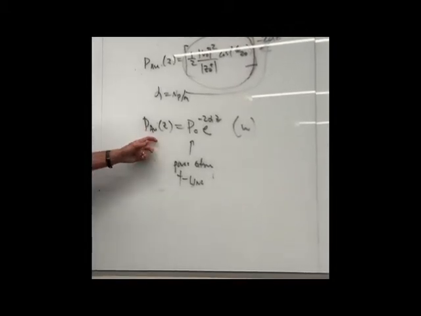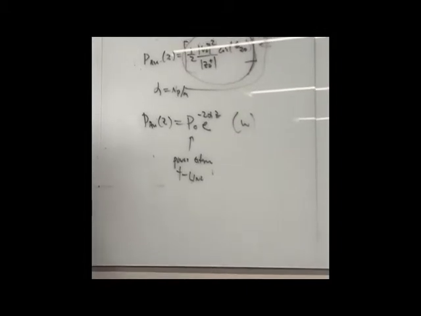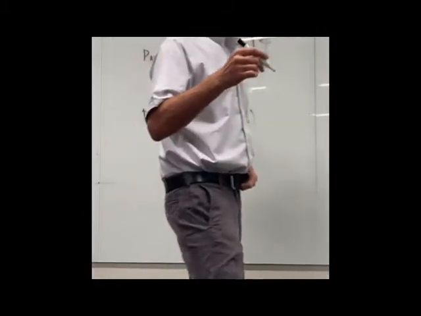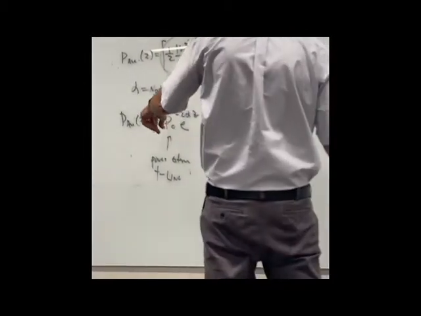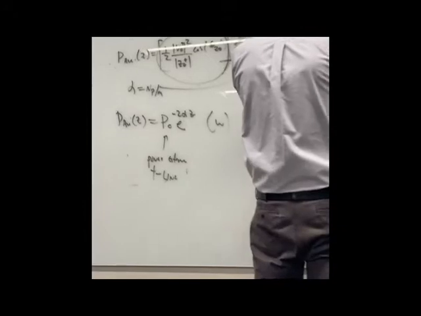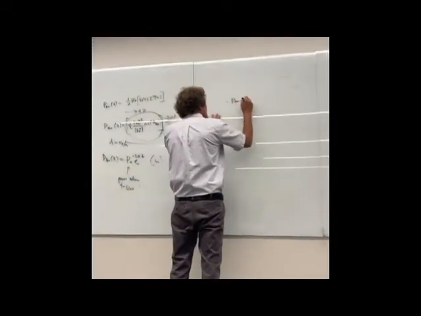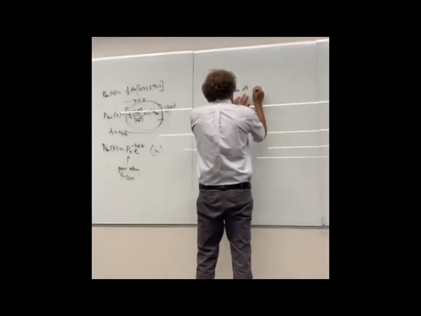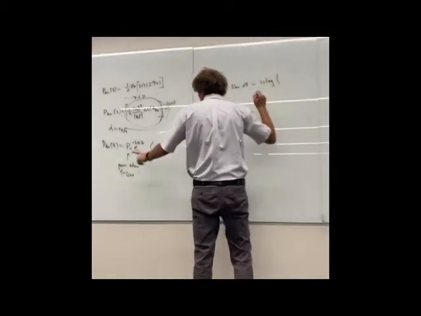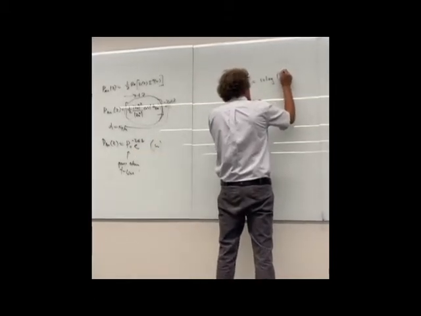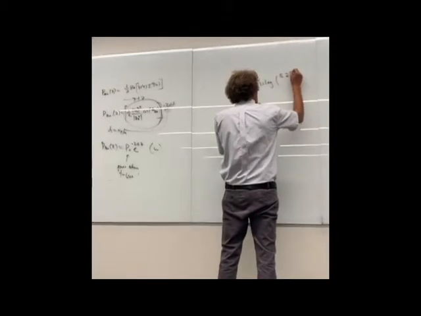Now, what if we put this power in dBm, for instance? Matter of fact, we'll just put it in terms of dB for now. Power in dB watts. So if I take that and I say, now I want the average power in dB, that would be 10 times the log of that power, which is P0 times e to the minus 2 alpha z.